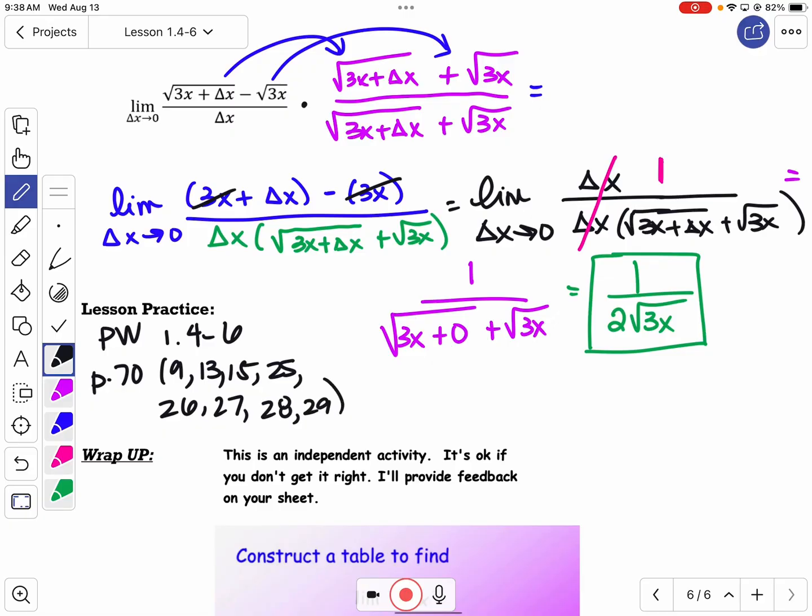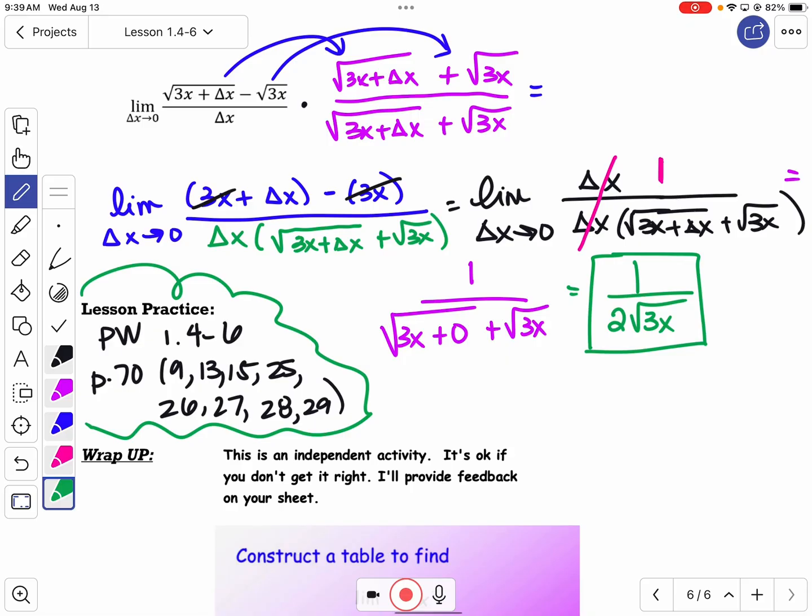I'd go in and especially look at the ones that have rationalization in them or complex fractions in them, or any kind of factoring that you aren't sure you understand. All of the answer keys are posted already, so you'll be able to double check those.